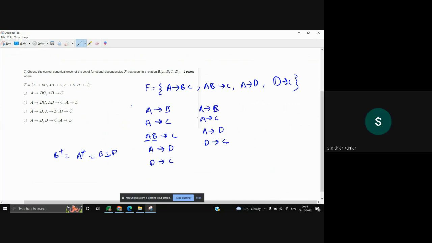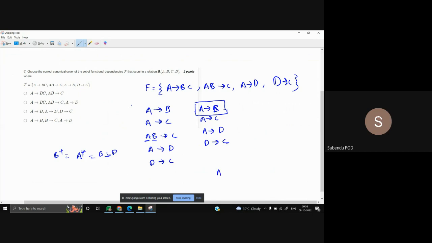Okay. Now what is the next step? Remove redundancy. We have to remove redundant FDs. So how to find the redundant FD? Let us find whether A determines B is a redundant FD or not. We find the A closure without this FD, using the help of the other three, and see if B is there.